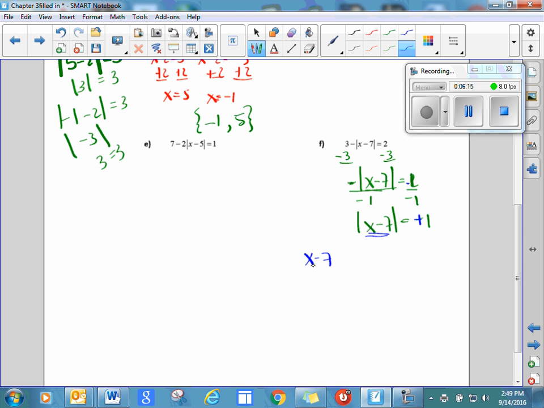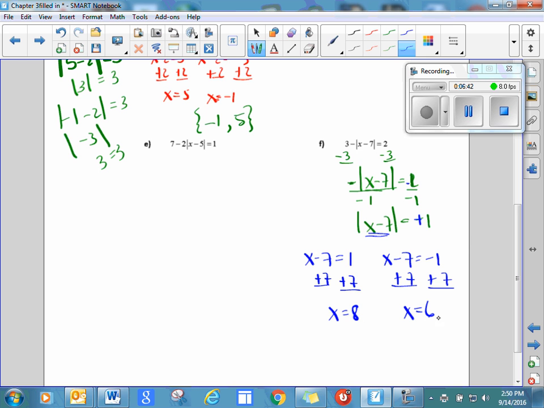Where is the point where negative x minus 7 is equal to 1? Or it could end up being equal to negative 1, because when we take it out of the absolute value sign, it will turn it back positive again. So I'm going to add 7 to both sides, and x can be 8. I'm going to add 7 to both sides, and I can get x equal to 6.